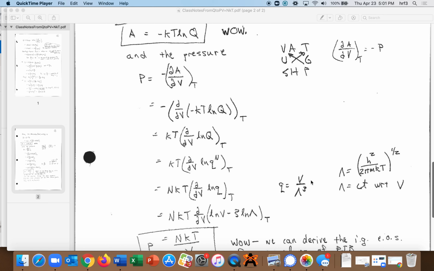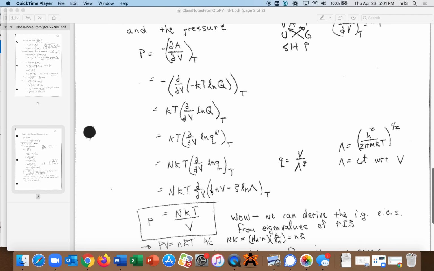But then remember, for the particle in a box, lowercase q is V over lambda cubed. And here's our lambda, our thermal de Broglie wavelength. Notice this depends on just constants and temperature.